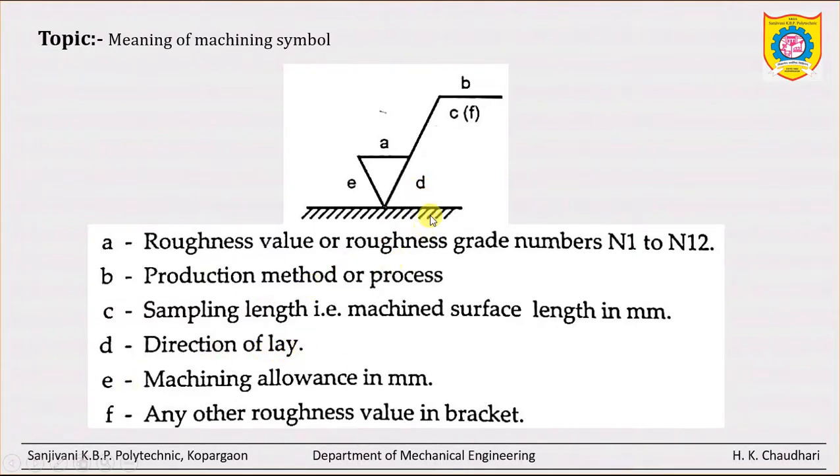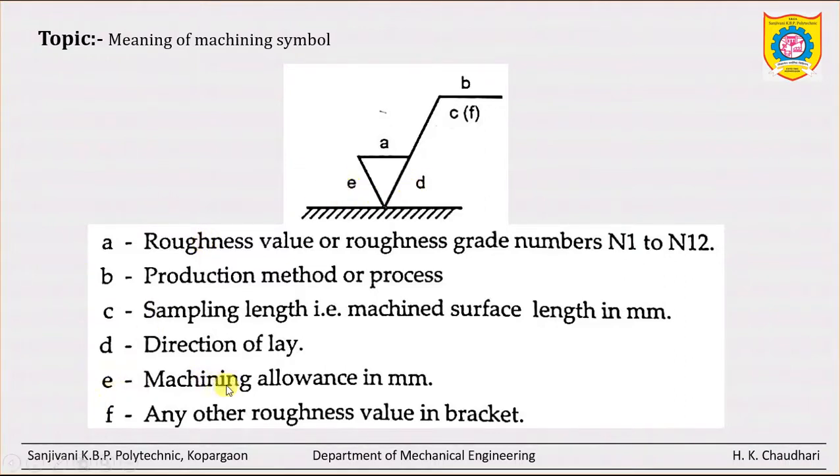Lay means a pattern, or you can say the structure of the scratches, just like hatching. We already discussed in previous lectures the types of direction of lay: parallel, perpendicular, cross, multidirectional, circular, like that.